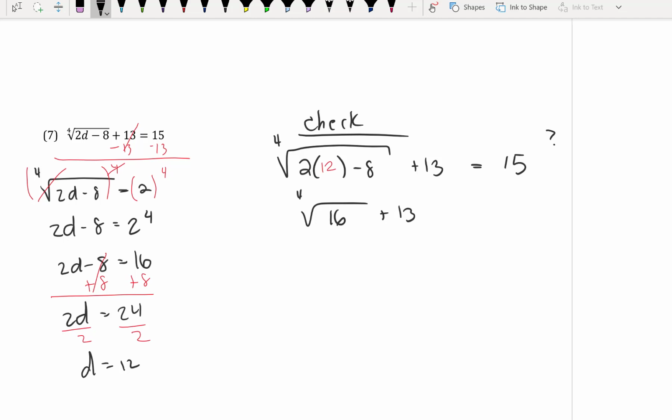And 2 to the fourth power is 16. So the fourth root of 16 is going to be 2. And 2 plus 13 is equal to a 15. So that d equals 12 checks out. That is a solid possibility that gave us an answer that we checked and verified.